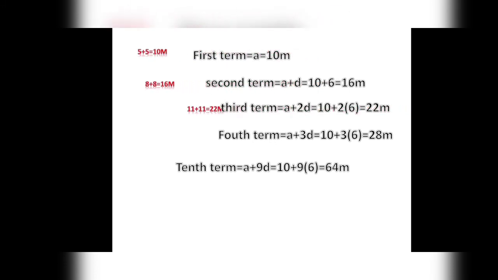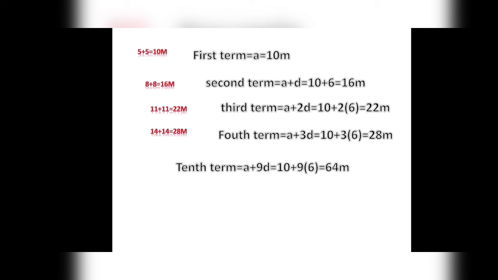So here when you compare, 10 becomes the first term of our progression, and 16 becomes our second term of the progression, as you can see on the screen, which is equal to 10 plus 6, and 22 becomes the third term as 10 plus 12, and 28 becomes the fourth term, which is equal to 10 plus 18.